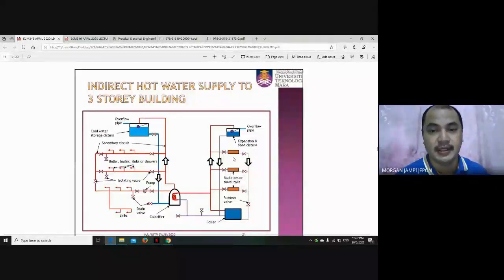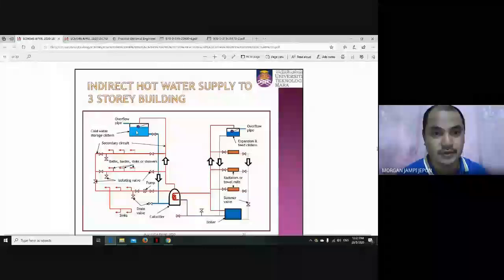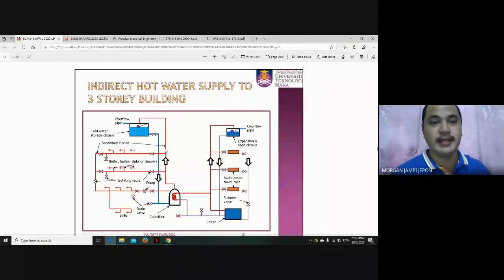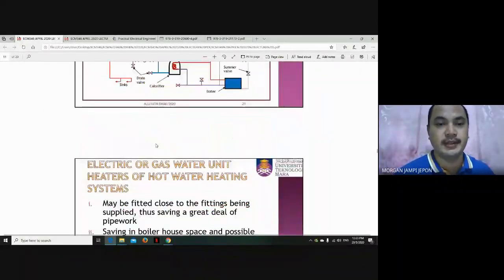For us, we don't need this one. We use this part. So for us, cold water supply goes to the heater and boiler, and from that it goes to this secondary circuit to kitchen, toilet, and bathroom.